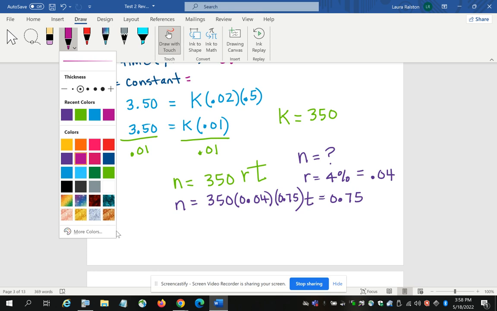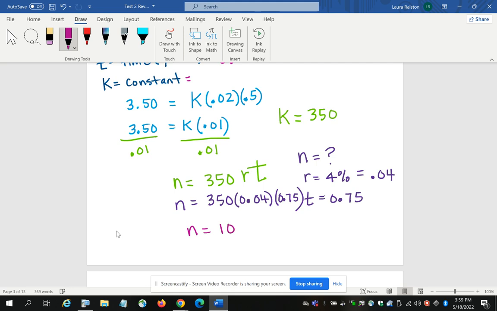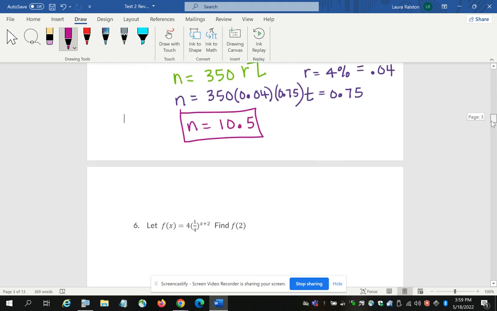And N is 10.5. The instructions ask us to round to one decimal place, so that is how we would need to express the answer. But guys, it's important that you go far enough, go all the way, walk it through one step at a time, break down the word problem one sentence at a time, and pay attention to how you're asked to round.